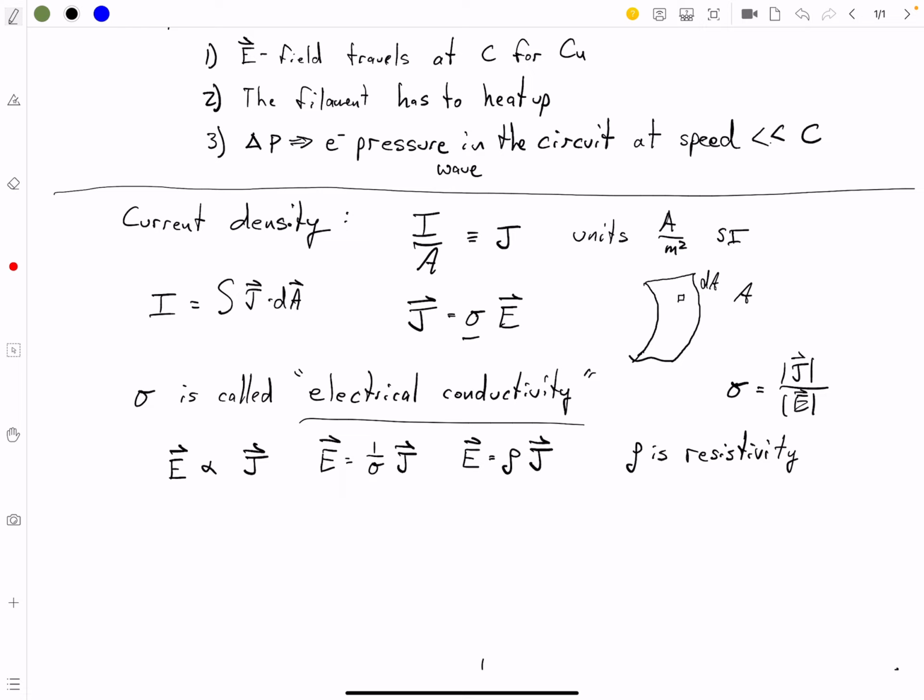And of course, rho is equal to 1 over the electrical conductivity. So we could write that as rho is equal to the absolute value of E over our current density, J.